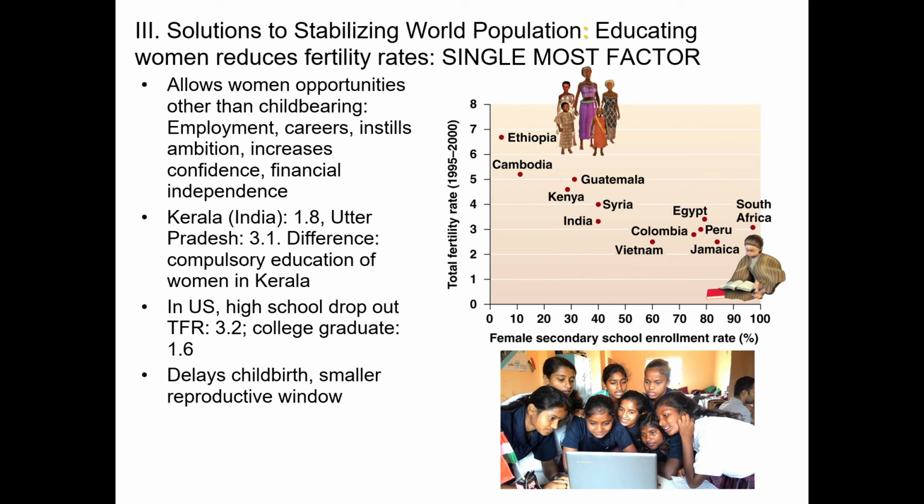One tends to delay childbearing. It instills ambition, increases confidence, ensures financial independence for women, and they choose to have smaller families. When one pursues a formal education and then embarks on some sort of a career, you have a smaller fertility window. If you have little or no education and you wind up marrying at a very young age, you can have children for decades.